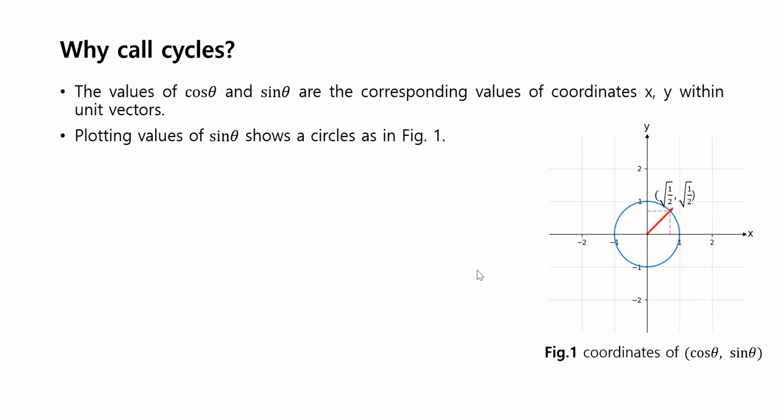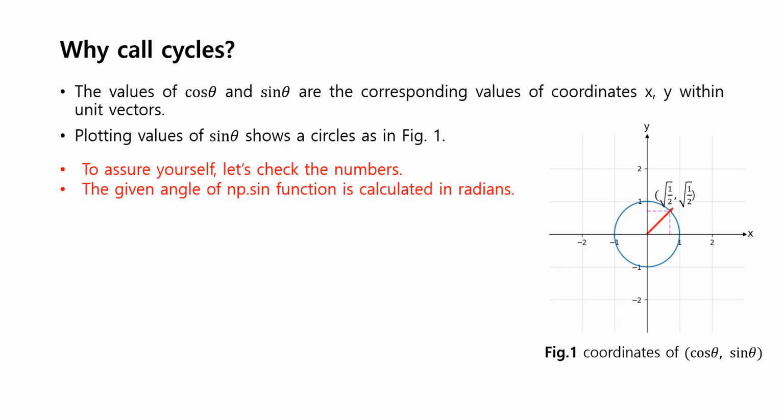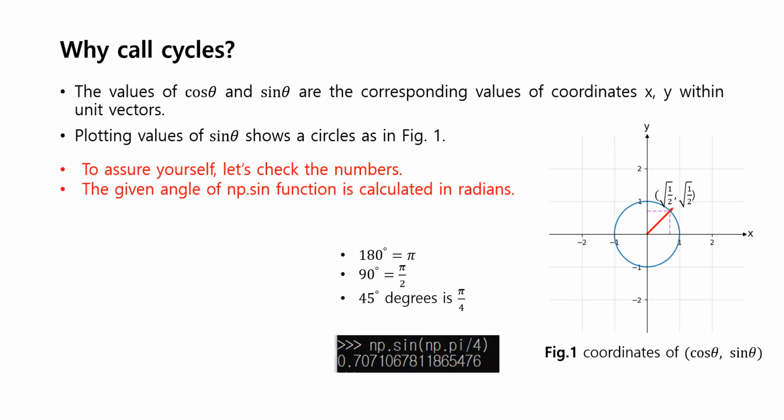So to assure yourselves, let's check the numbers. Given an angle, np.sin calculates the sine function in radians. So 180 degrees is denoted as pi, 90 degrees is denoted as pi over 2, and 45 degrees is denoted as pi over 4.